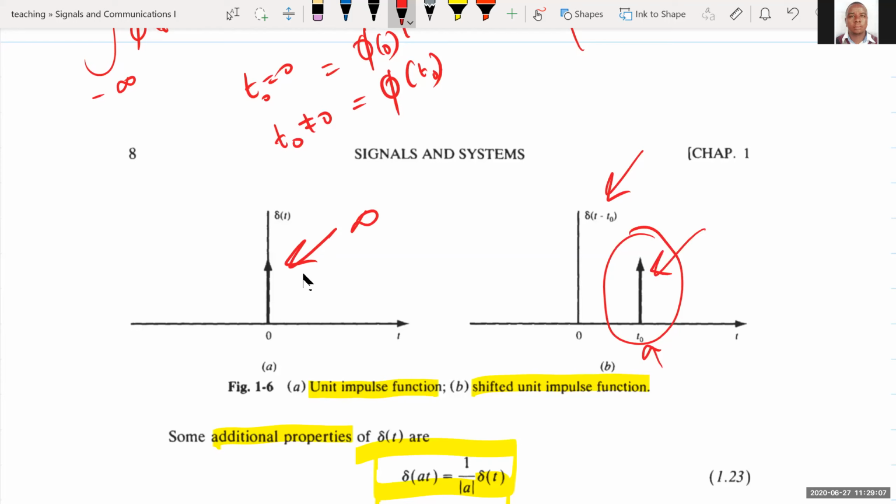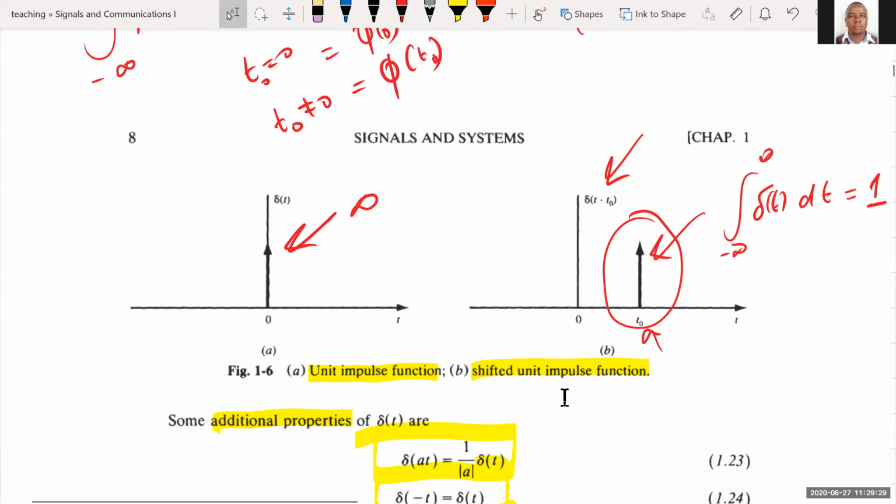And of course, I mentioned that when you integrate delta of t with time from minus infinity to infinity, that gives you a 1, but the value itself becomes 0. So these are two items that we must note, and we can now move on.